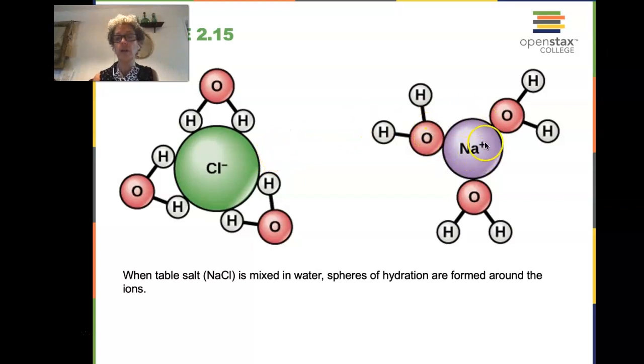Each of the sodium ions is positive, and it attracts the partially negative oxygen portion of each water molecule, and it gets coated and won't recombine with the salt. And those are called the spheres of hydration, because we form a sphere, we soak the water around the ions, and then they don't bind.